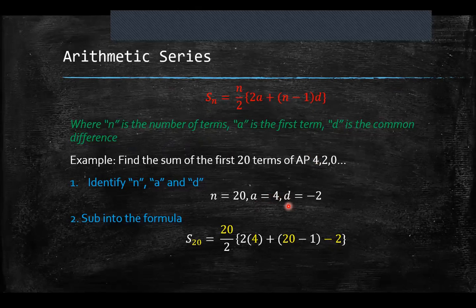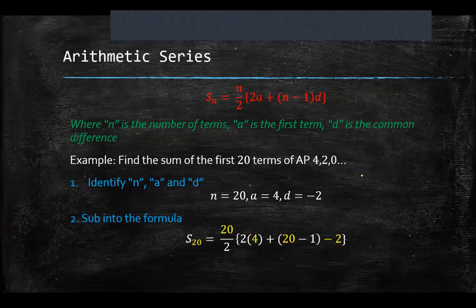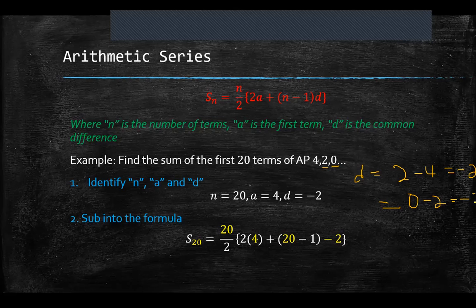D, same thing: second term minus first term, or third term minus second term. Let me choose the second minus first, which is minus 2. Or you could have chosen the third minus the second, 0 minus 2, also negative 2, right? So n is 20, a is 4, d is negative 2.